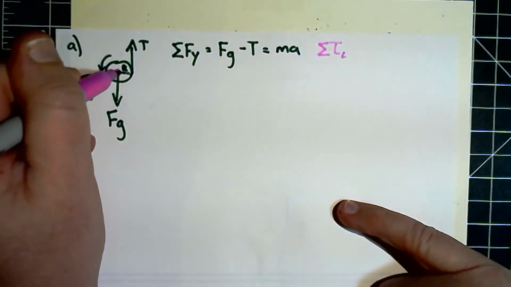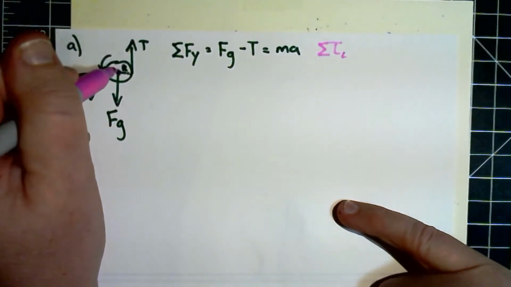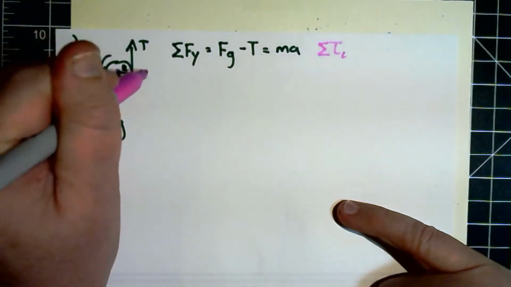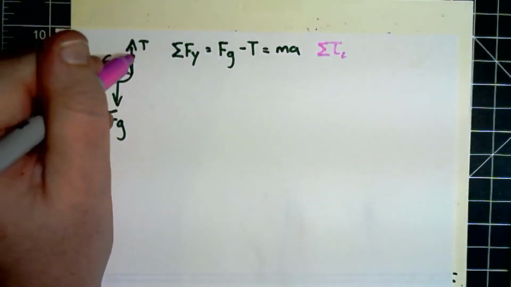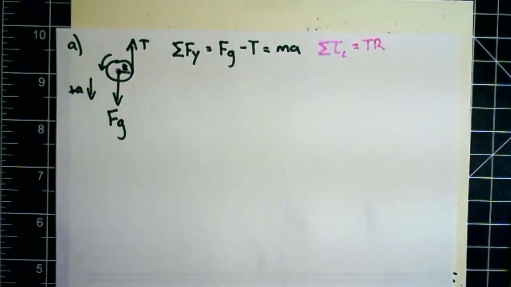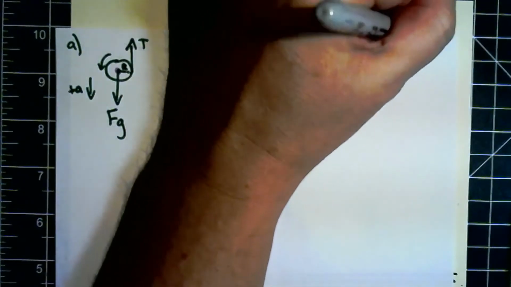Well, the force of gravity doesn't cause it to rotate, but the tension on the string does. And so that tension will cause it to rotate in a counterclockwise direction. So that's actually a positive direction. So that means that this tension times this radius is causing a positive torque. So tension times radius is the torque. Now, using Newton's second law, we assume that is equal to I alpha.